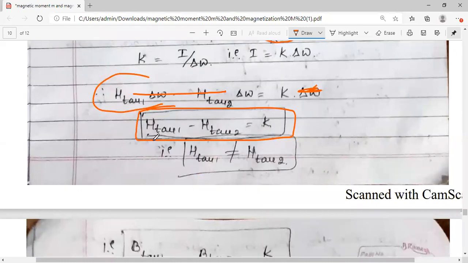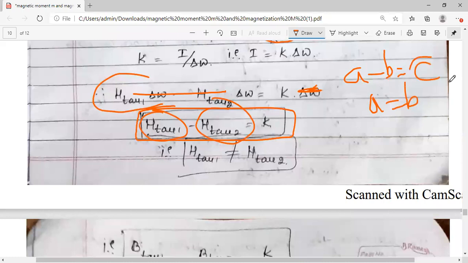Now, looking at this equation, can you tell me when the tangential components will become equal? You have an equation A plus B equals C, or A minus B equals C. Suppose this is your equation. When will you get A equals B?